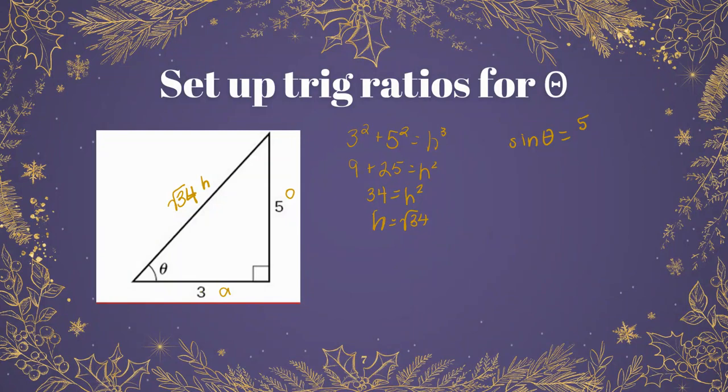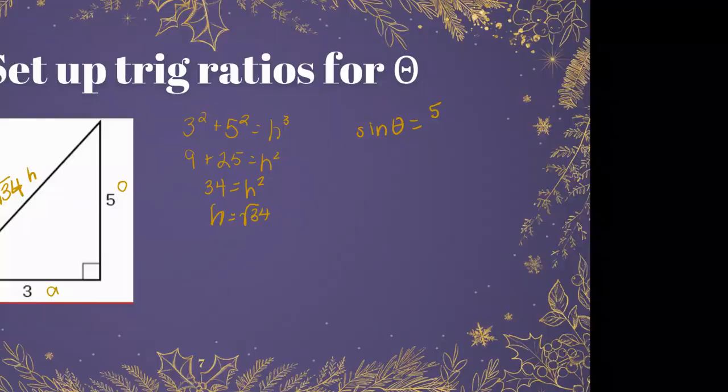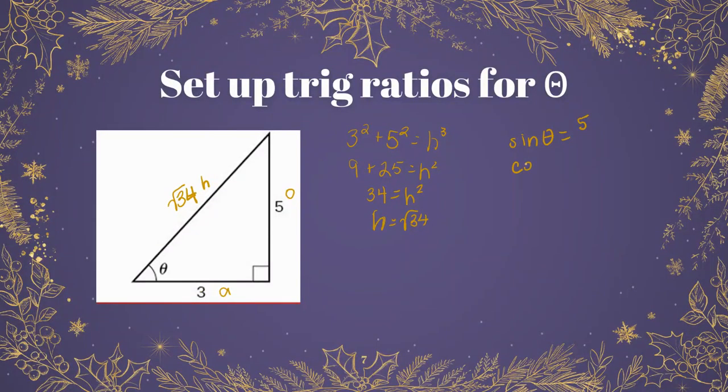And then the cosine of theta is going to be equal to the adjacent, which is 3, over the hypotenuse, which is square root of 34.